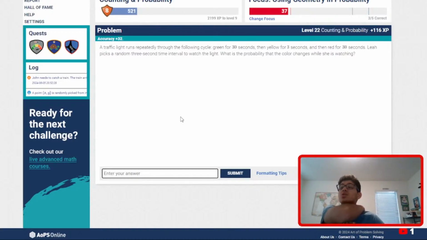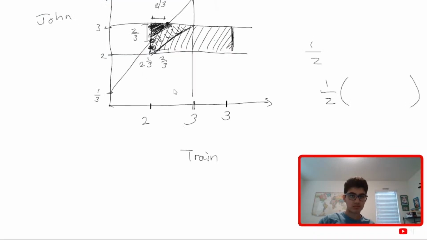We can try a similar model to the last one, but this is a bit harder actually. Let's see. Let's just draw something, okay?